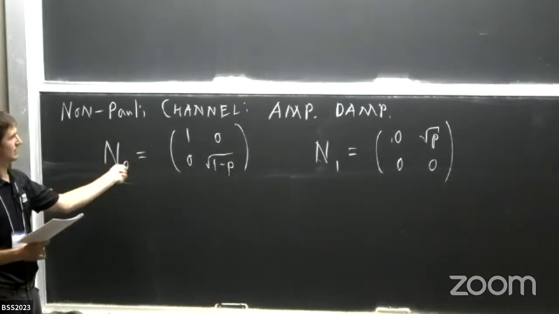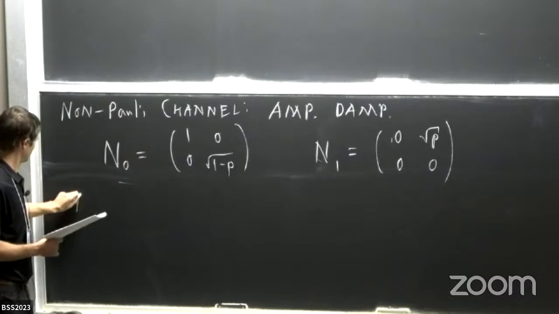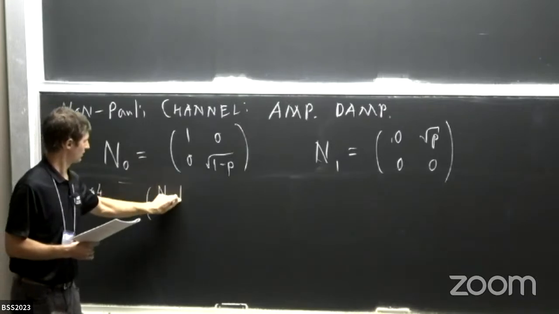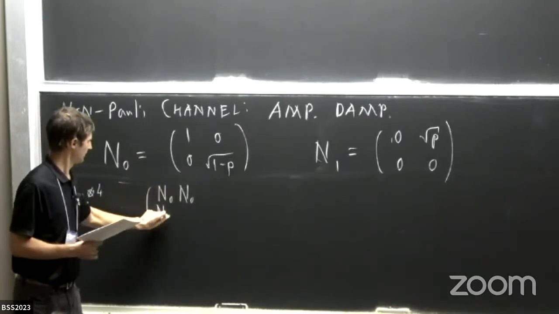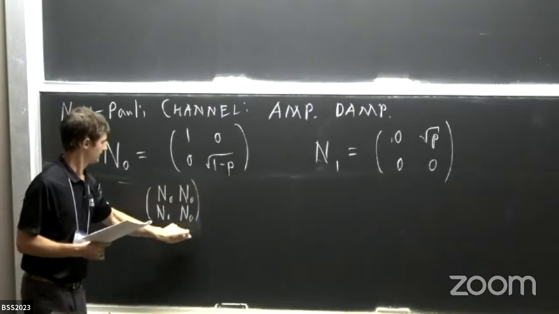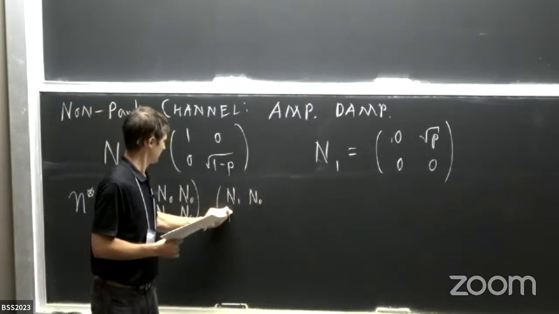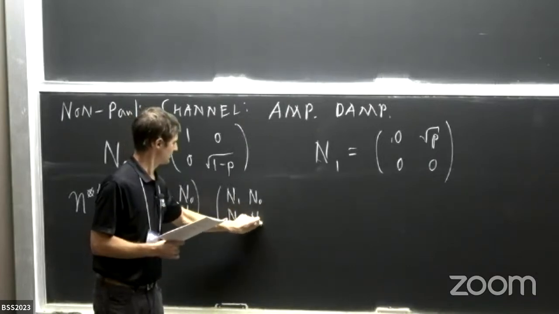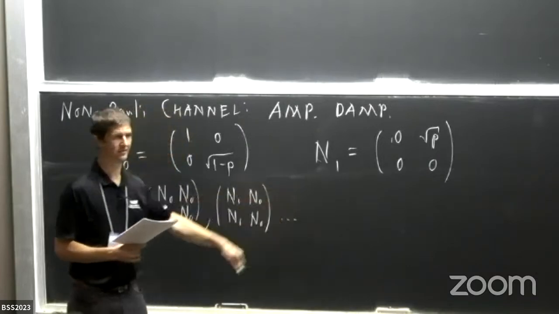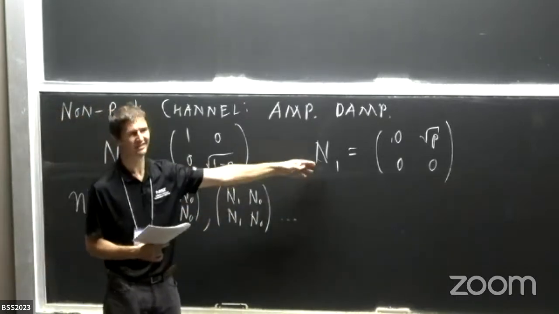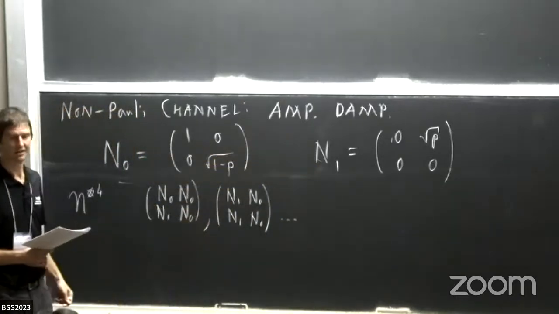So every single Kraus operator of the combined channel is going to have weight 4. Things like this, and then things like this, which are characterizing single jumps, and then there's 2 jumps and higher. This I call a jump, because it's a relaxation event.